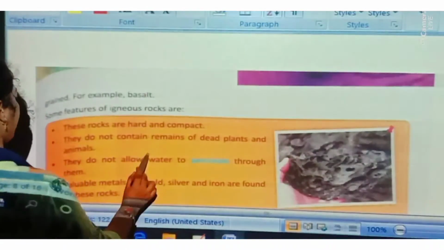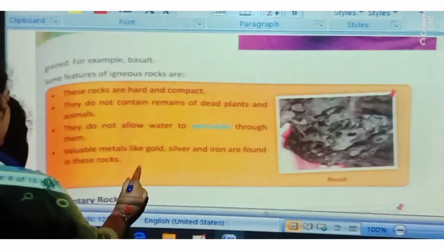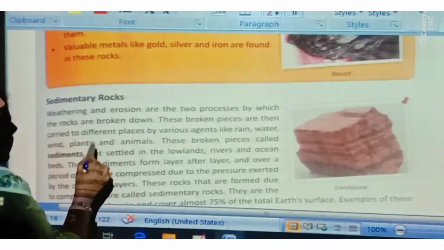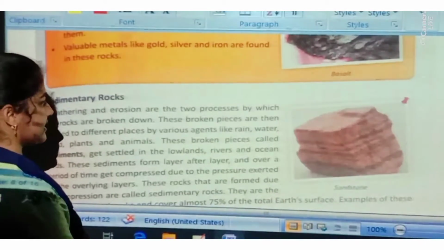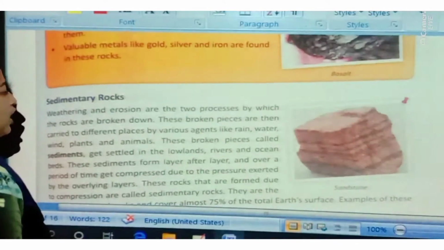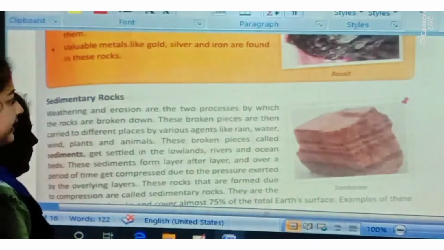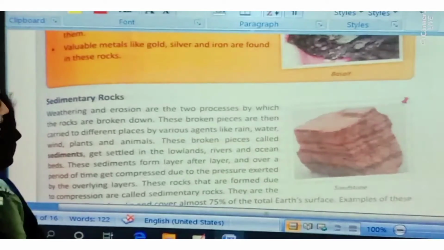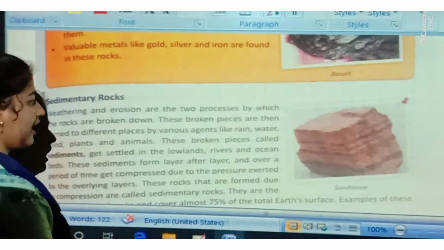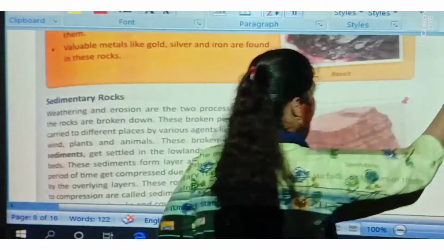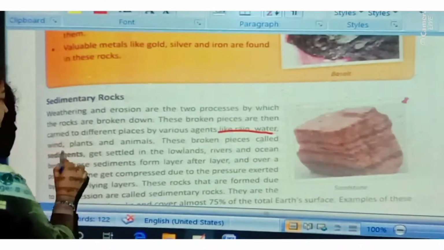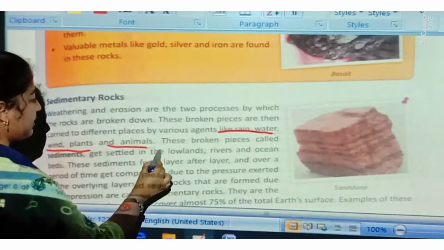In this portion, we know that weathering and erosion are two processes by which rocks are broken down. These broken pieces are carried to different places by various agents like rain, water, wind, plants and animals.